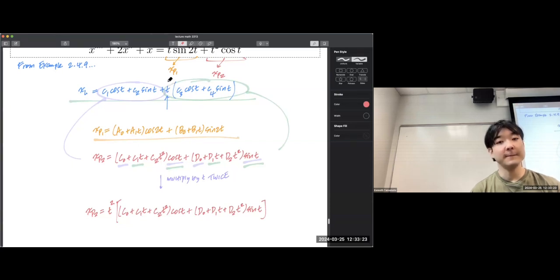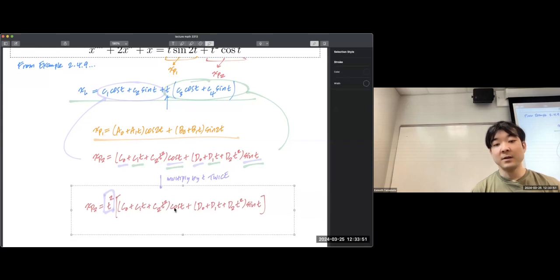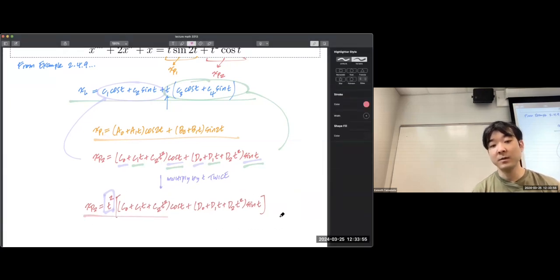This is only up to t. Oh, right? Yeah. So the t squared is enough, because then the lowest term will be t squared, and the highest will be t to the fourth. Don't multiply by more than necessary, but this t squared is coming from multiplying by t twice. We need that, and that's it. So our second particular solution would be equal to this.